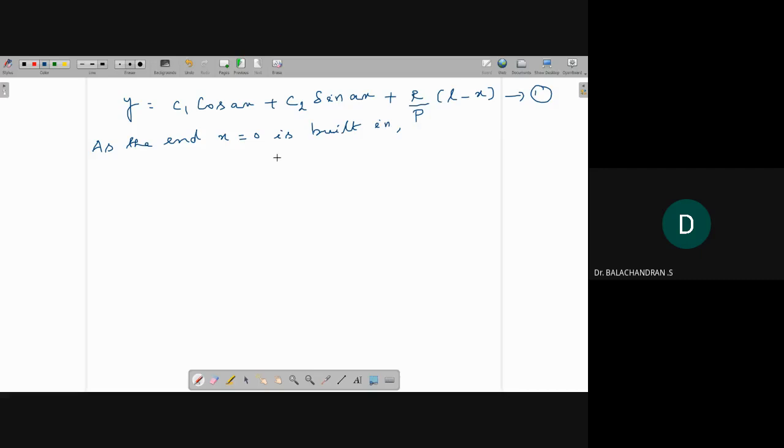As the end x equal to 0 is built in, the deflection y and the slope of the deflection curve are both 0.